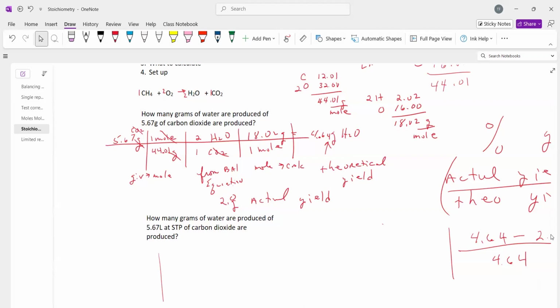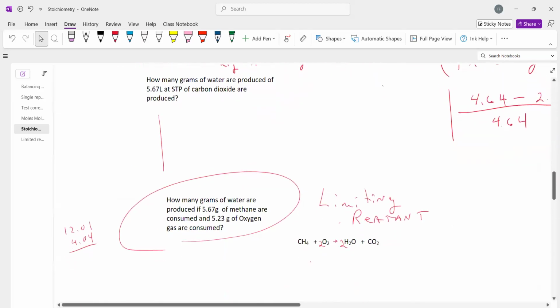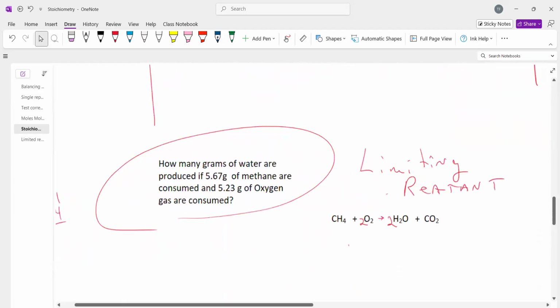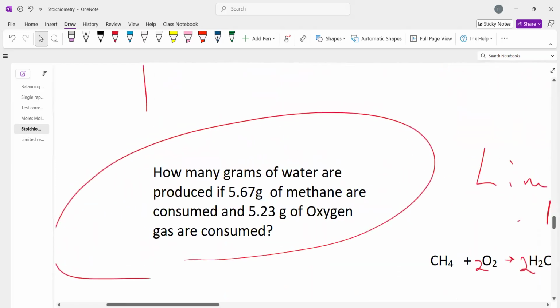Okay, so that's basically the beginning of stoichiometry. After next week, after you do the dry lab, I'm going to show you the next step in stoichiometry. This is an example of a more complicated stoichiometry. What's the given?